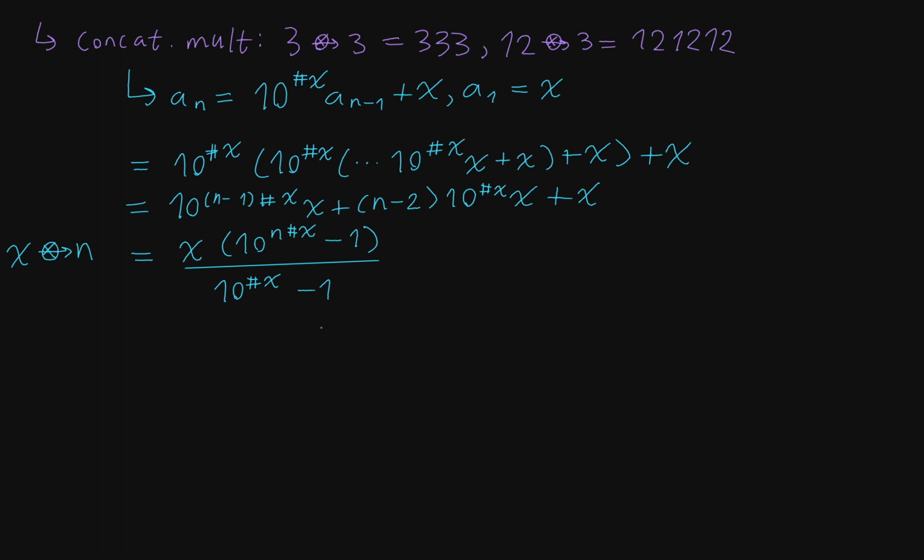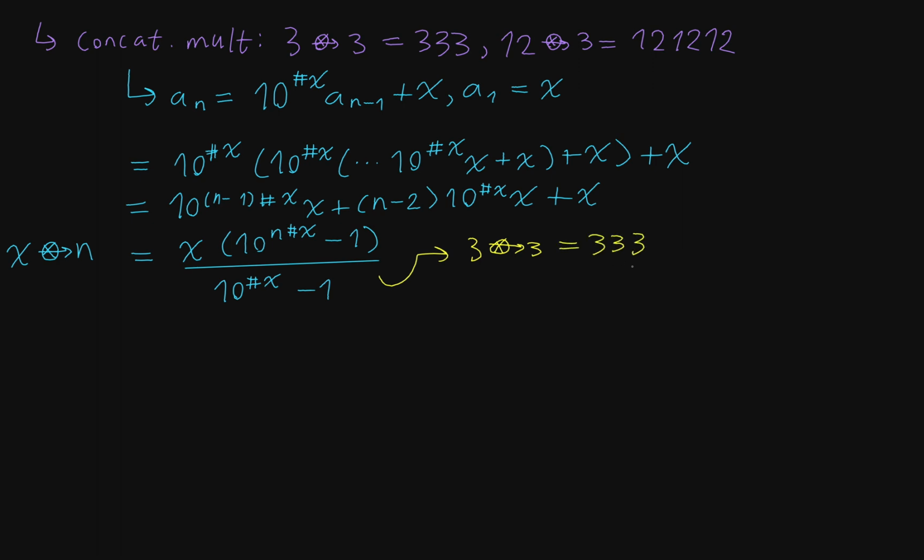Now we can think about where this basically comes from also if we consider patterns of what we're multiplying by, basically what this whole ratio is, right? So if we think about 3 concat multiplied 3 times, we want this to be 3, 3, 3.